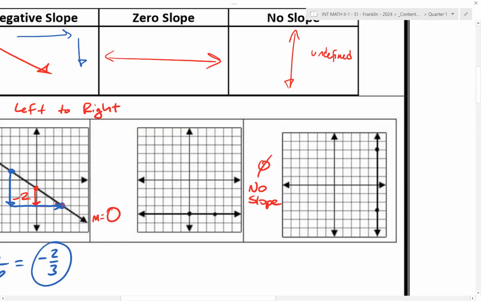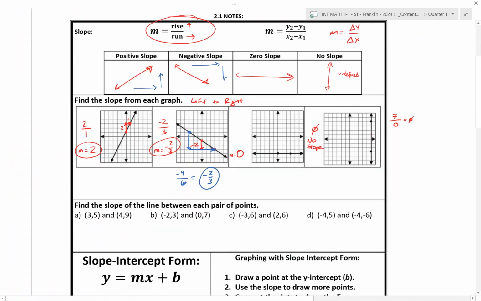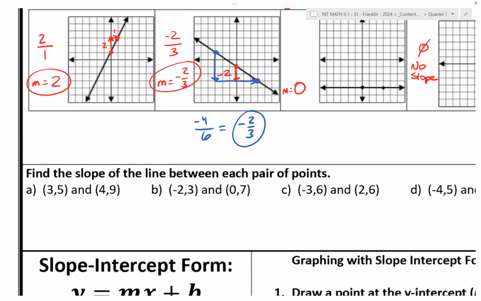And if we tried to do rise over run, even though we have a rise of anything, in this case, these 2 points, it's 1, 2, 3, 4, 5, 6, 7. The run, the x change is 0, and so you can't divide by 0. So that's undefined, or no slope. All right, so there you have finding it from a graph. Just basically count up, count over, and make a fraction.